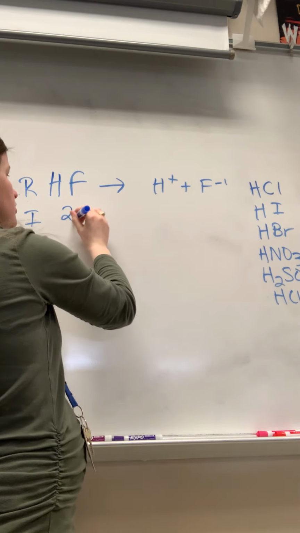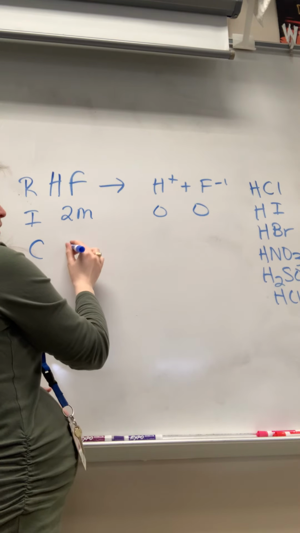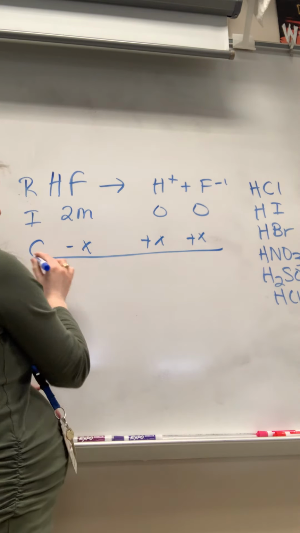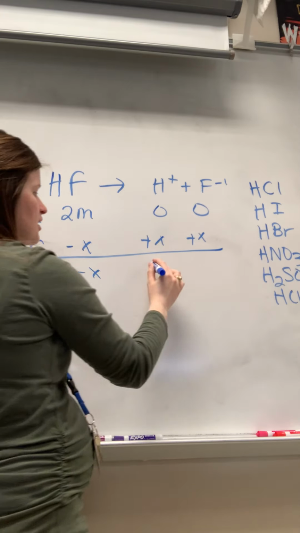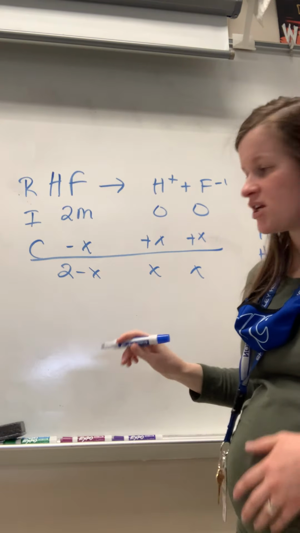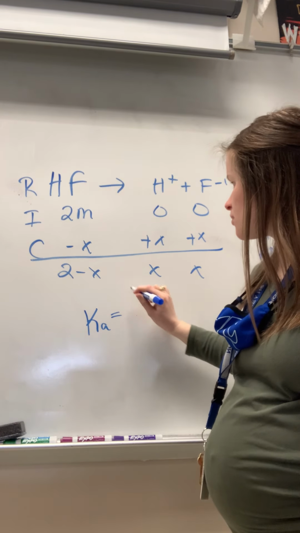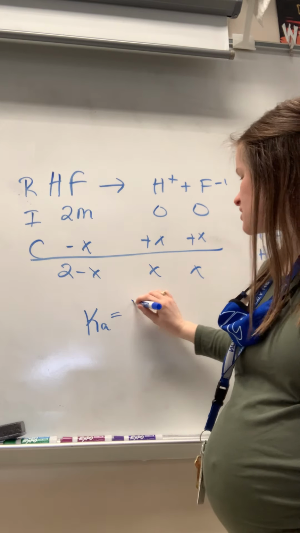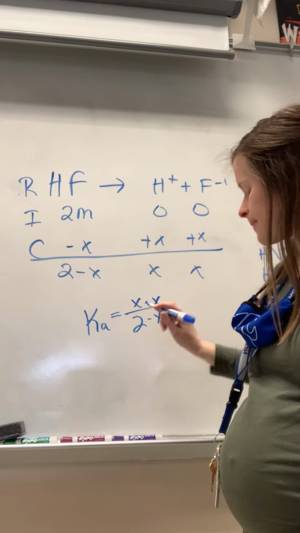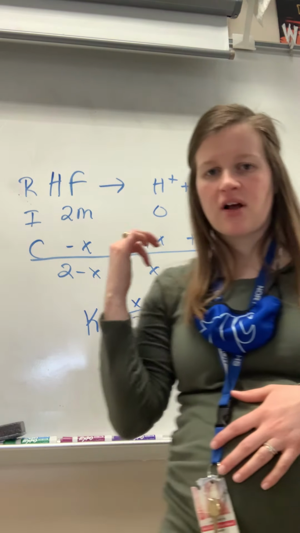If I say I have 2 molars of this, initially we have 0 and 0 of the products. Then we have our change, which would be minus X, plus X, plus X. Then the equilibrium is 2 minus X, and then just X and X. Then we can have our Ka, which would be equal to our products over our reactants: X times X over 2 minus X. Hopefully we're remembering some of that AP stuff, but if not, that's okay.